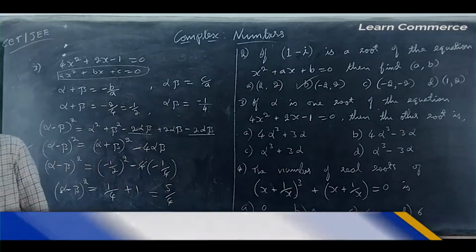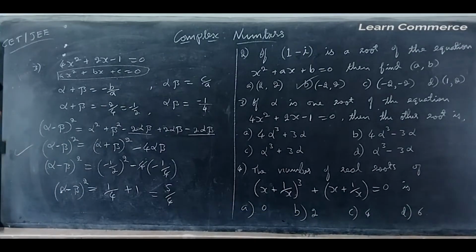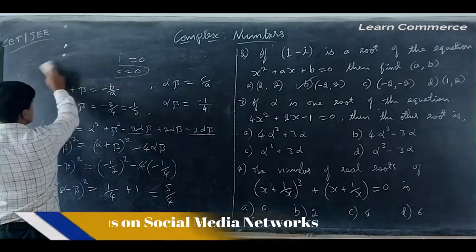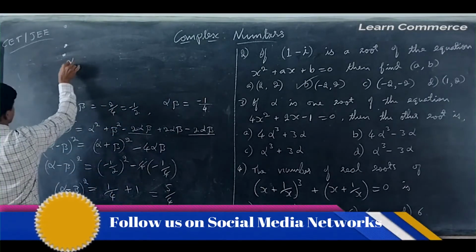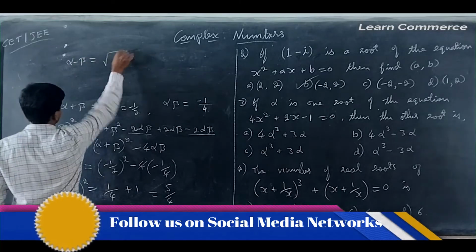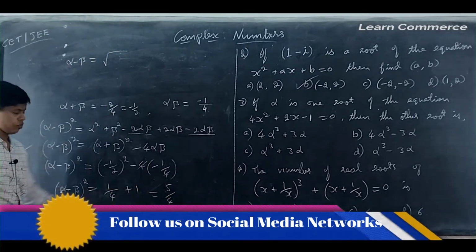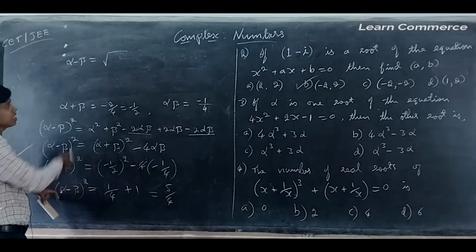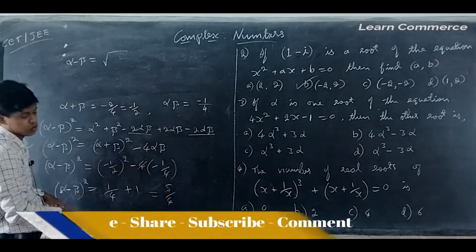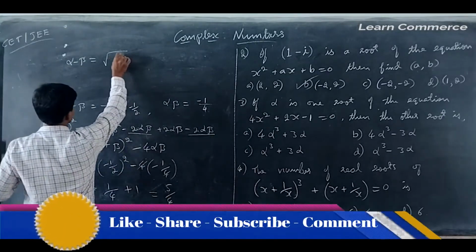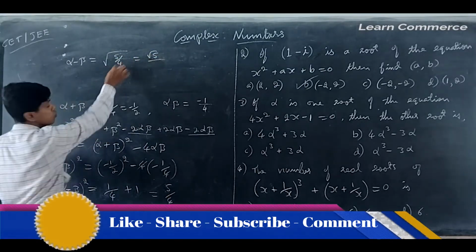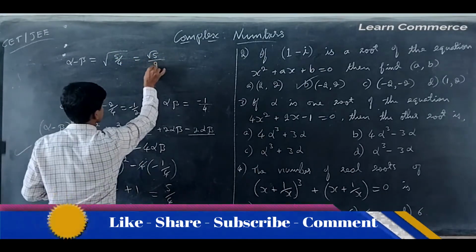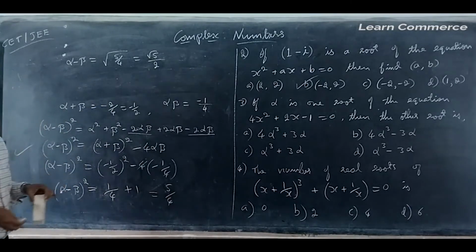Therefore, what is alpha minus beta? Alpha minus beta is the square root of 5 by 4. I have a square, so I need to get rid of the square, so I should take the square root on the other side, correct? So that is square root of 5 by 4, so root 5, and root 4 is 2. That is alpha minus beta.